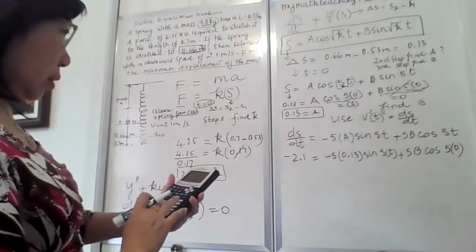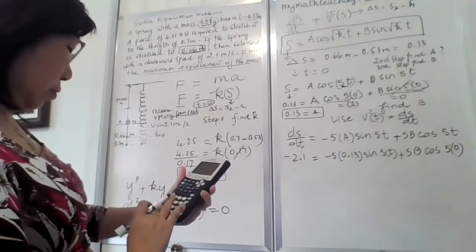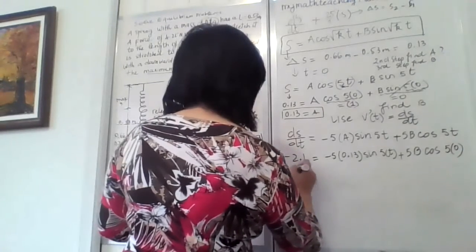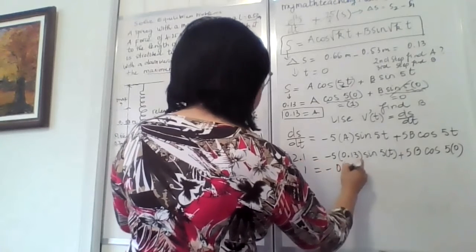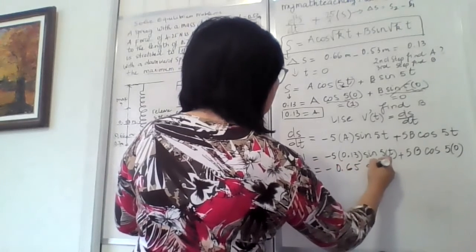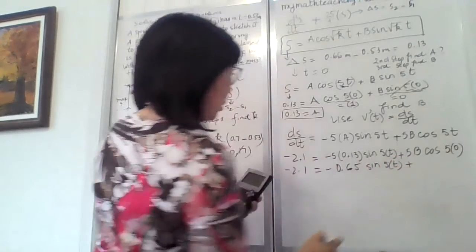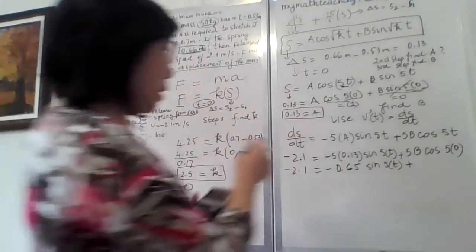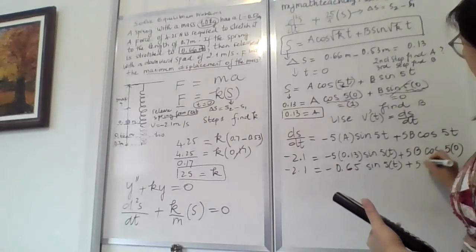So now let's check what this number is. 5 times 0.13 equals 0.65. So minus 2.1 equals minus 0.65 sine of 5 times t, adding with 5B.